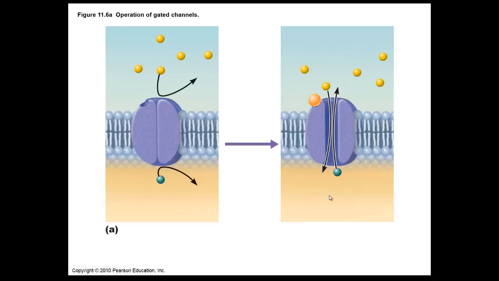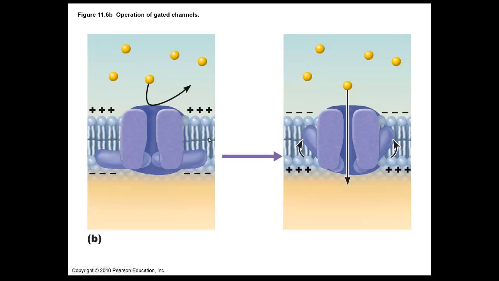And in this case, it looks like sodium is passing through into the cell. It shows potassium coming out. That's not typical. Normally we see one type of ion moving through a channel. So either way, just know that a chemically gated channel requires some chemical to bind to the channel in order for it to open. So we find chemically gated channels again at the dendrites and cell bodies.